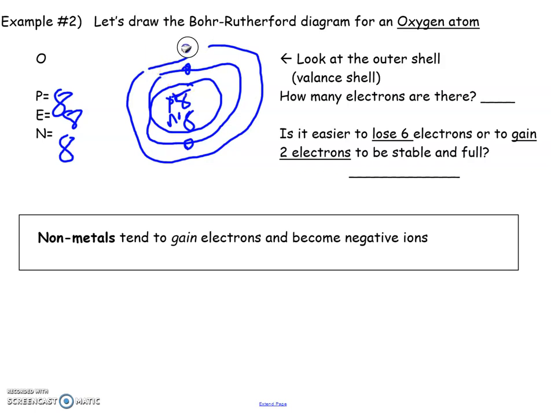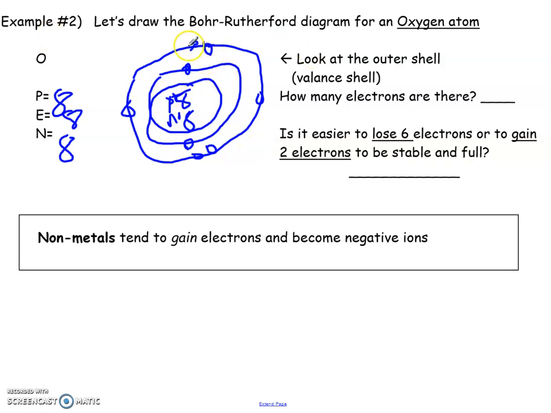Actually, let me fix this. The things I do here, right? So we have 8 electrons total: 1, 2, 3, 4, 5, 6, 7, 8. Okay, so we have all 8 electrons.